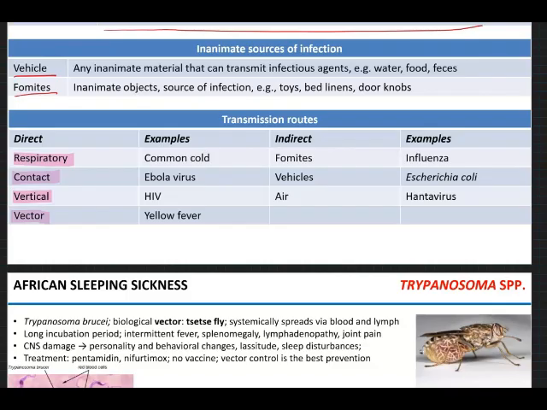Indirect transmission. So fomites, we already discussed. Vehicle, and I put air as a separate modality of transmission. I can give you a couple of examples. One example is Mycobacterium avium. We talked about it.